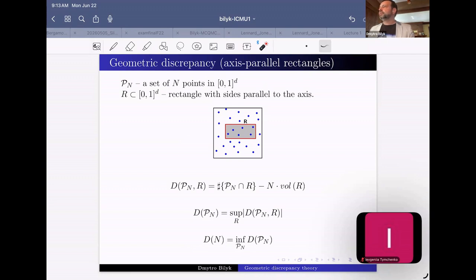And there are, of course, many different ways to measure how well distributed points are, and different types of discrepancy provide different ways to evaluate the equidistribution.